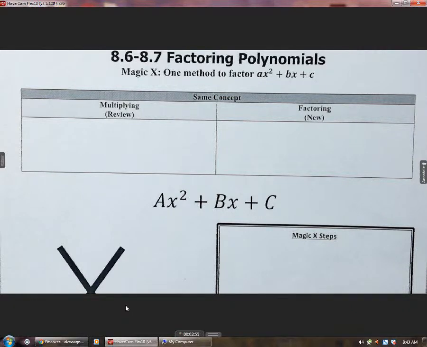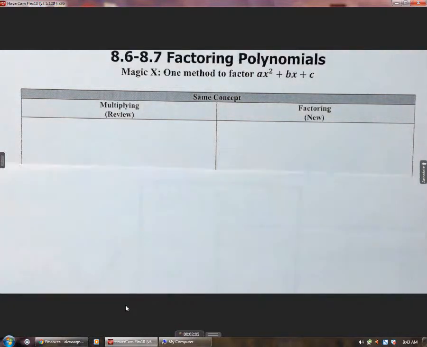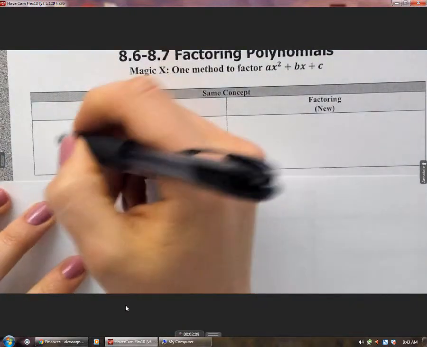Don't worry about all this stuff underneath. I would just include the chart for now. Doesn't need to be fancy.